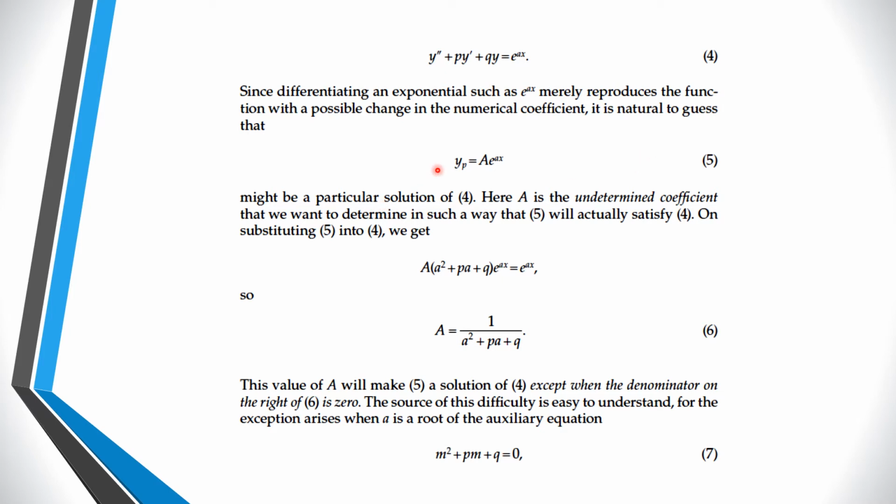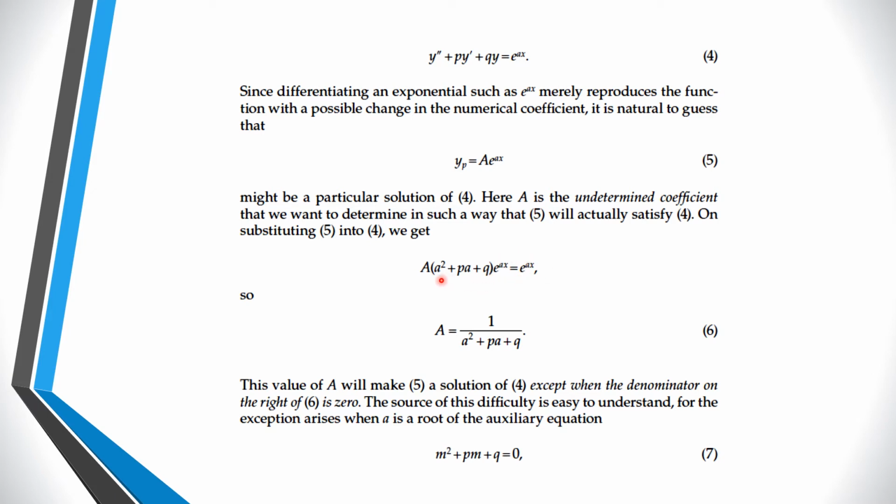Now substitute in equation 4: y_p double prime plus p y_p prime plus q y_p is equal to e to the power ax. When you substitute, you can take capital A outside and e to the power ax common. You are left in the bracket with a squared plus ap plus q. Now see, e to the power ax will be cancelled out on both sides.